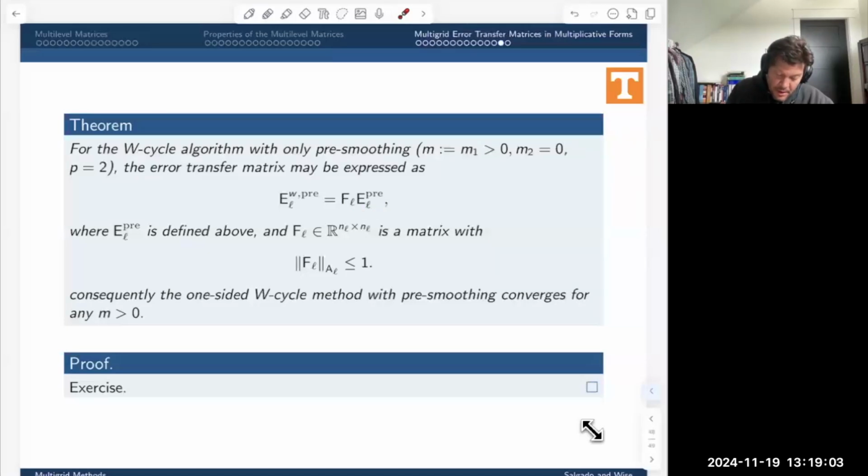We also know that we proved this guy was convergent, therefore contractive. So if this product is true and equal to that identity, then this matrix can't be amplifying error. It has to be contracting error, because if it amplified error, then it could screw up the convergence of this guy.